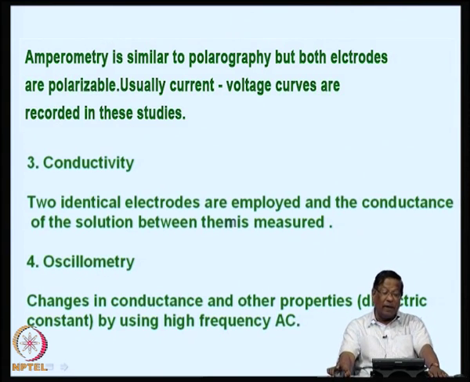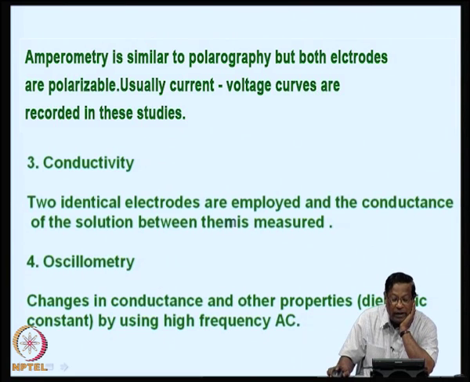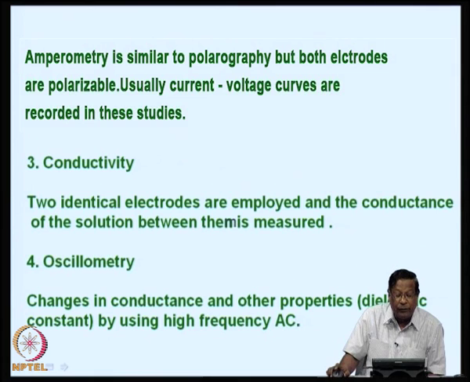Amperometry is similar to polarography, but both electrodes are not polarizable. Usually current voltage curves are recorded in these studies. Now, there is a small error here, it is not H capital, it is polarography, and usually current voltage curves are recorded in these studies.